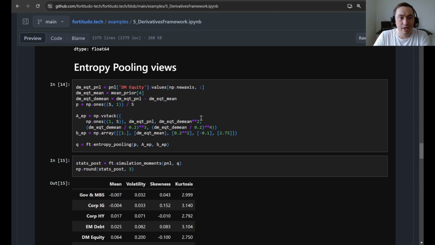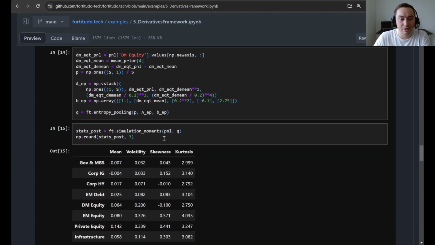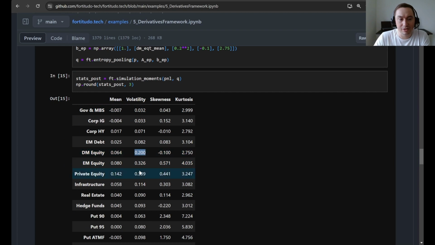Okay, so next we want to perform the same analysis, but then introduce some entropy pooling views and then see how it looks. Here I implement some views on DM equity. So I increase the implied volatility to 20%, and then I introduce some skewness and kurtosis views here. So you can see here in the simulation moment that the volatility is 20%, and then I have this combination of skewness and kurtosis.